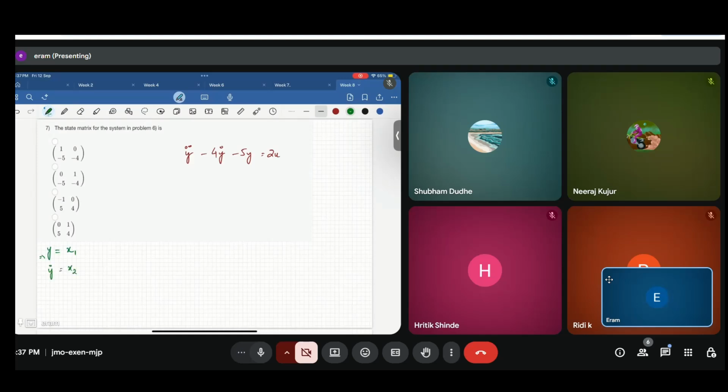Then x1 dot is y dot, which is nothing but x2.